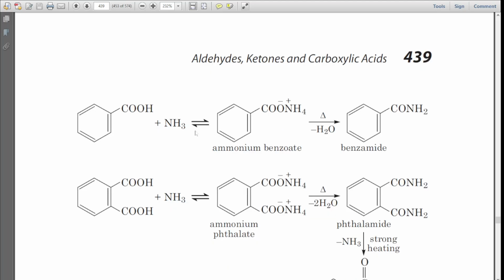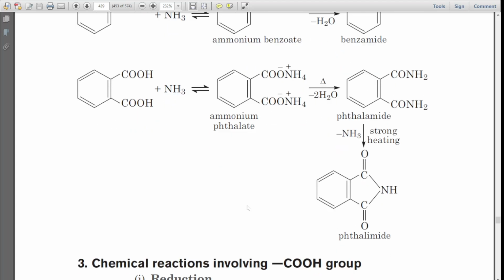The same case goes for aromatic benzoic acids also. It forms ammonium benzoate. After removal of water, it forms benzamide. Now this is a major prominent reaction: when we have a dicarboxylic acid in the presence of ammonia, it forms ammonium phthalate.